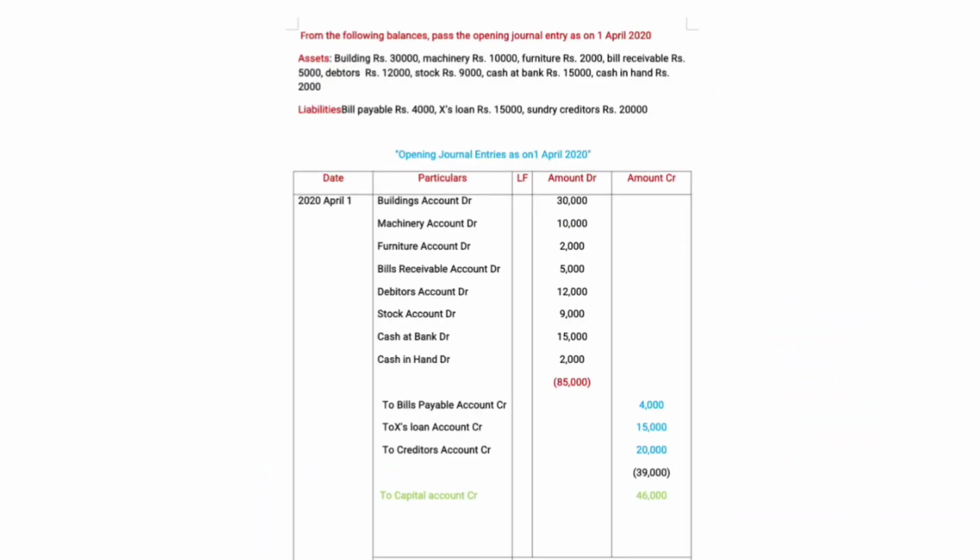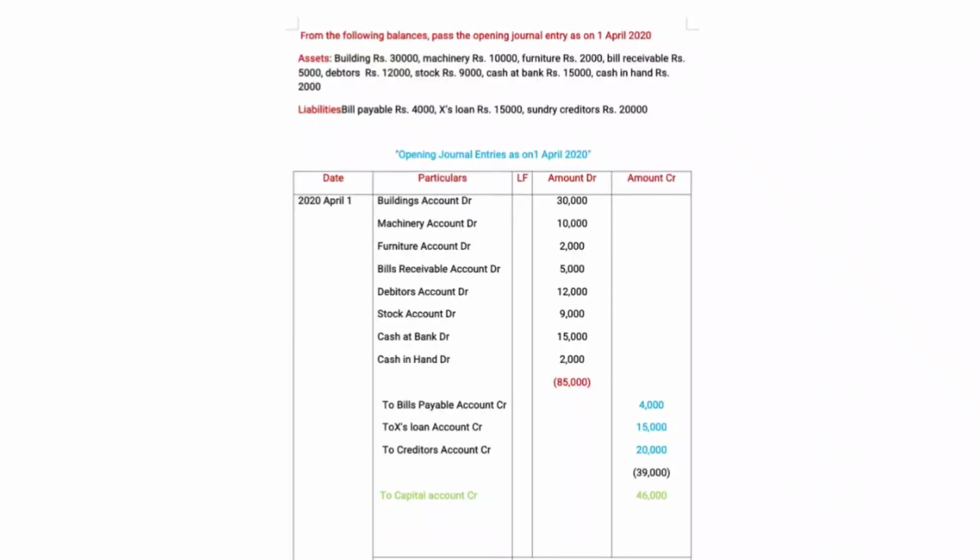Now we are coming to check once all the details about the following information. From the following balances, first, the opening journal entries as on 1st April 2020. Here the assets and liabilities are given. Assets: building 30,000, machinery 10,000, furniture 2,000, bills receivable 5,000, debtors 12,000, stock 9,000, cash at bank 15,000, cash in hand 2,000.